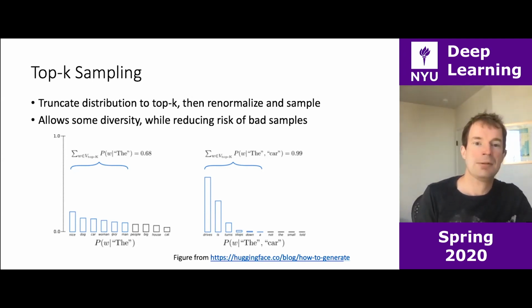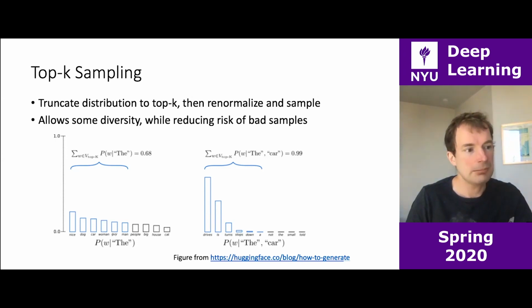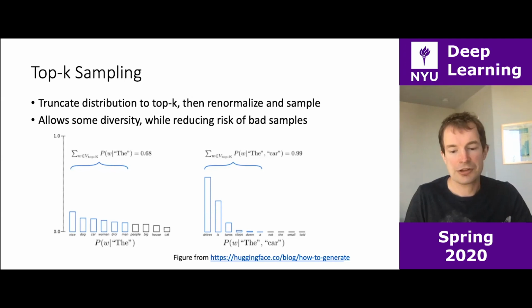In top K sampling, what we do is truncate the distribution to just the K best and then sample from that. The advantage is that it gives us diversity, choosing randomly amongst good options, but it tries to stop us from falling off the manifold of actually good language when we sample something bad. So the idea is basically to chop off the long tail and just sample from the head of the distribution.